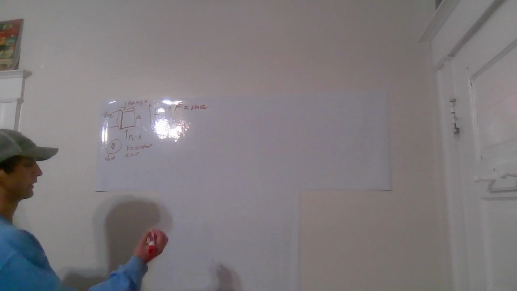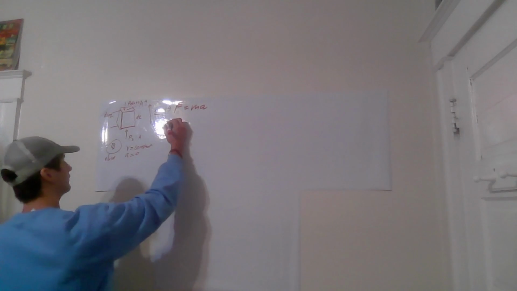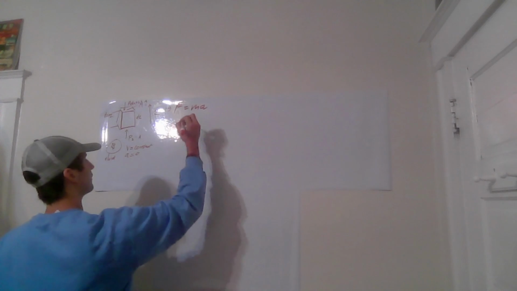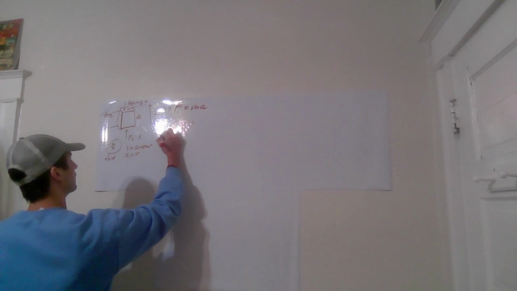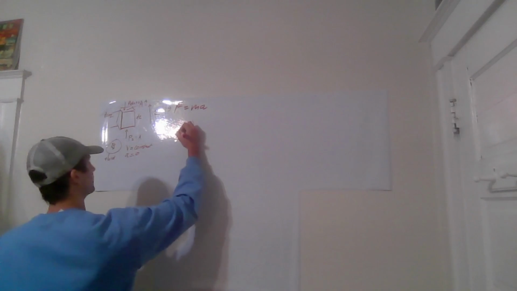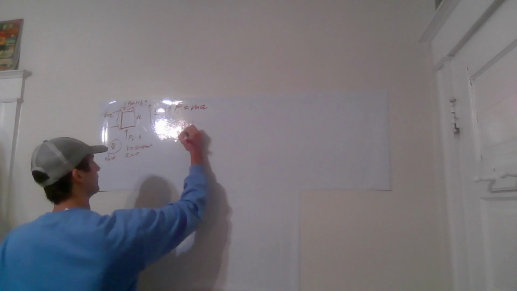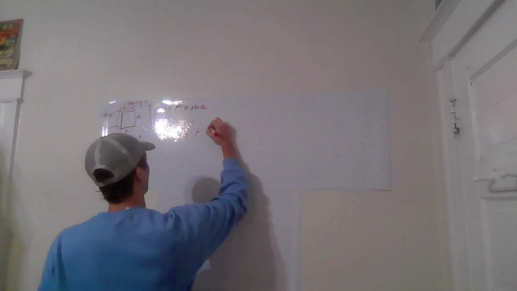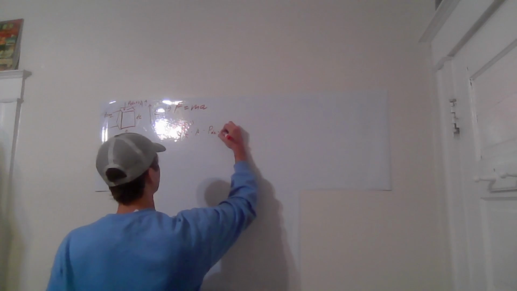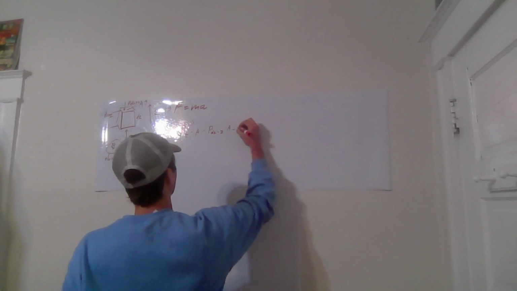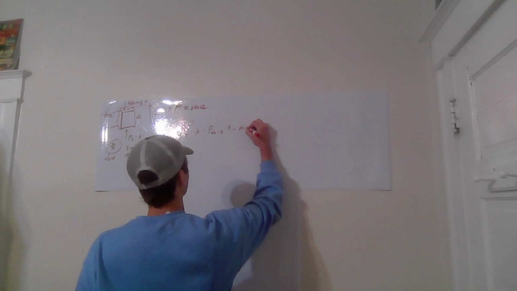So now what we need to do is sum up our forces. The sum of forces is 0, and so the forces are equal to, if we have the positive going up, pz times A minus P at dz plus z times A, minus our mass times our gravity.